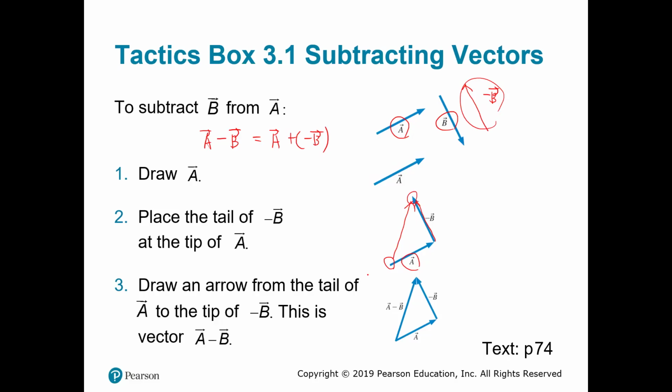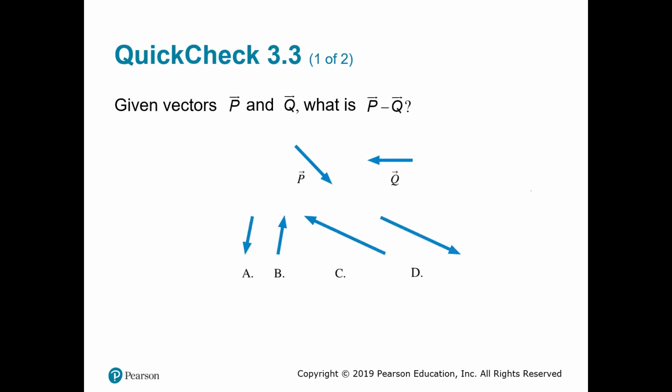So this is going to be your A minus B vector. Again, you can also switch the order, right? You can do minus B vector first, and A vector later, and you see this is A minus B vector as well. The order doesn't matter.